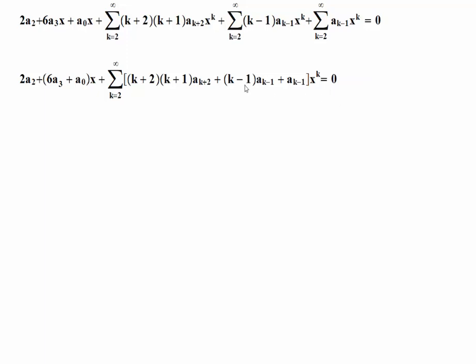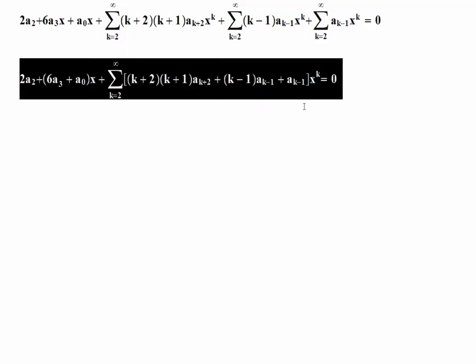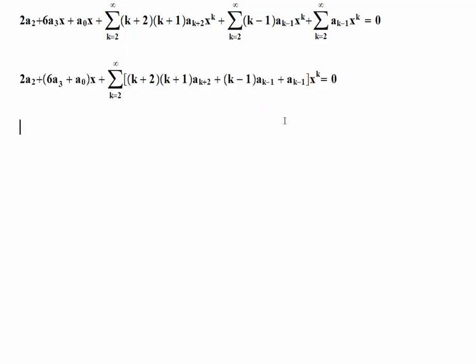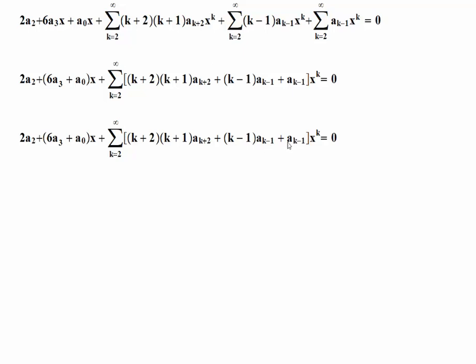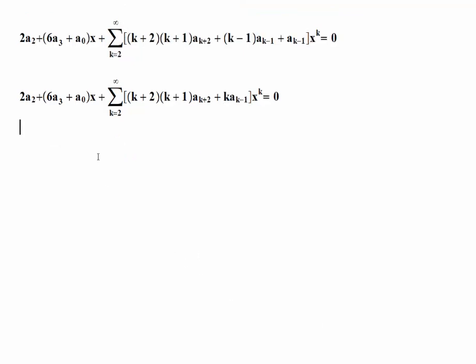Now notice this negative a_{k-1} will cancel this positive a_{k-1}. So we can simplify it further, and so that means this is cancelled. So now what we would do is that we will set the coefficients of all powers of x equal to 0.